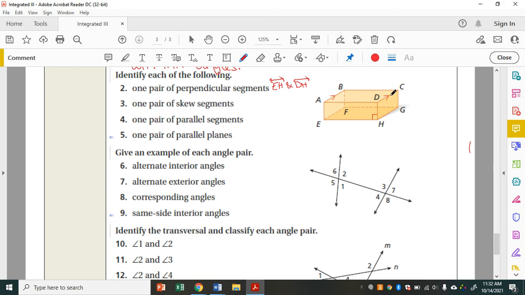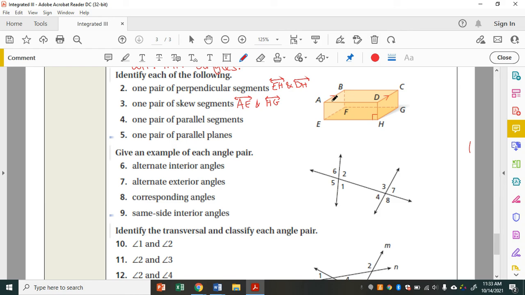You could have said CD and GC. You could have said BF and EF, right? So any of those would also have been perpendicular. There's plenty of other examples as well. For one pair of skew segments, I had mentioned that line AE is going to be skew with line HG. Again, so many different examples there. That's just the one I had chosen.